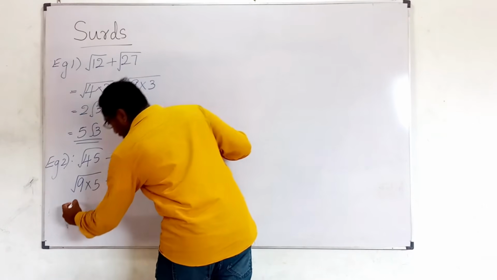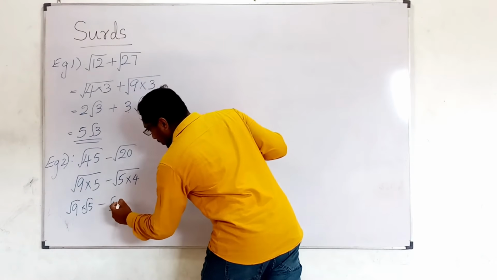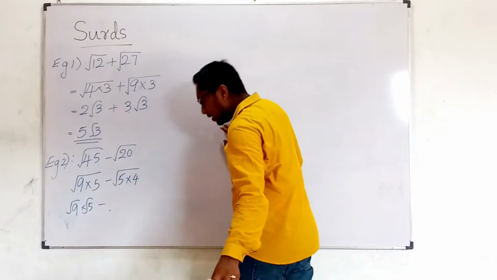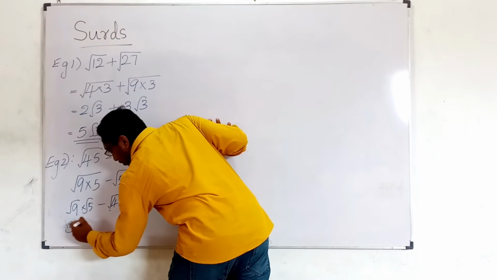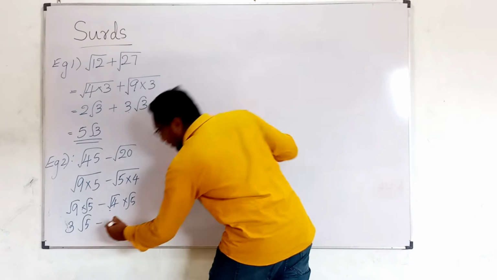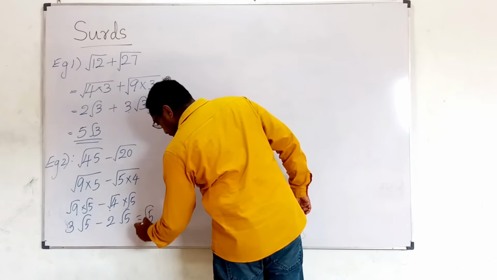So here the best way is 5 times 4. Root 9 times 5, root 5 times 4, I take the 4 to the front, 4 times 5. So 9 has a square root, 3 root 5 minus 2 root 5. 3 minus 2 is 1. So the answer is just root 5.